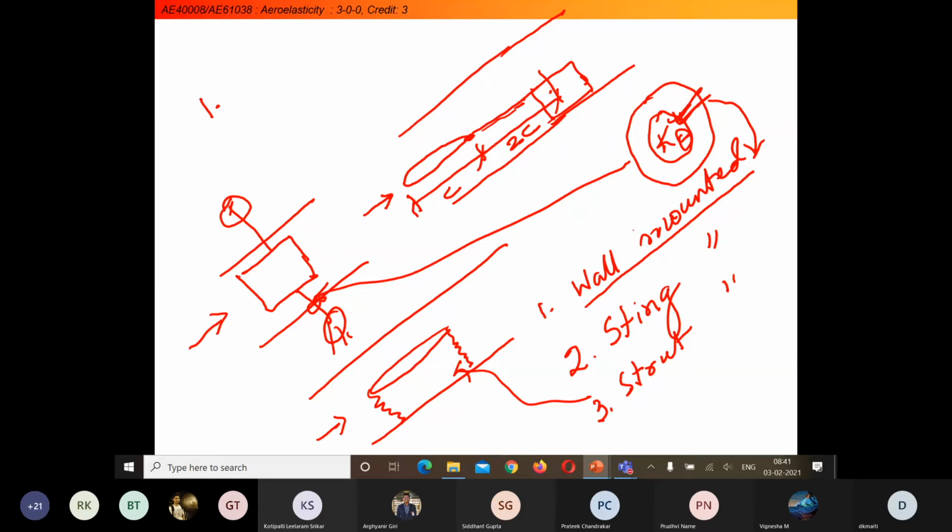The basic difficulty is that we cannot have a wind tunnel with a test section so huge that we can place the full aircraft there.